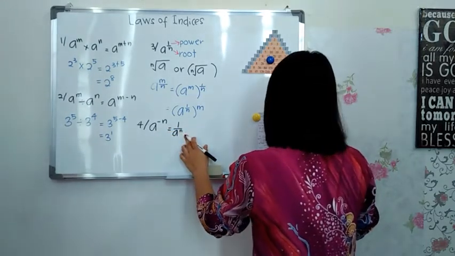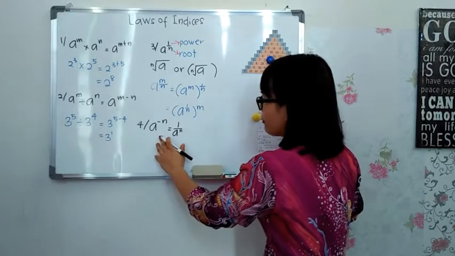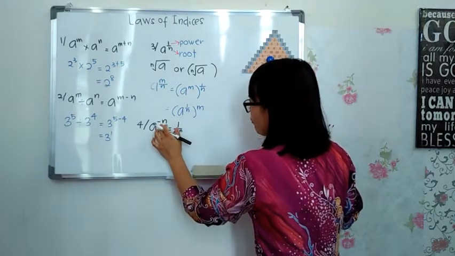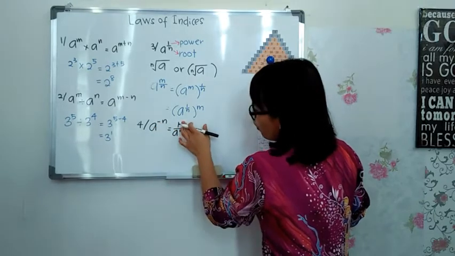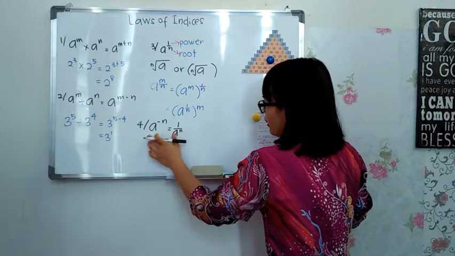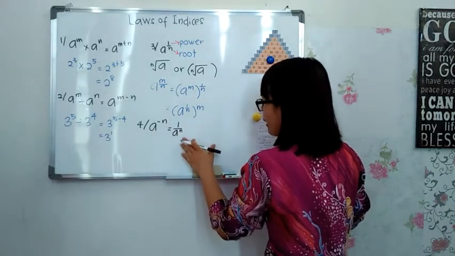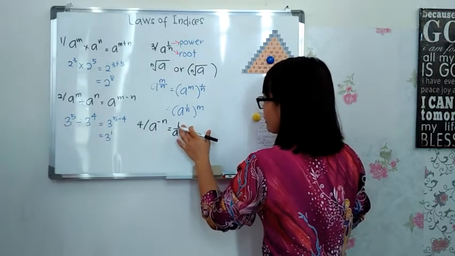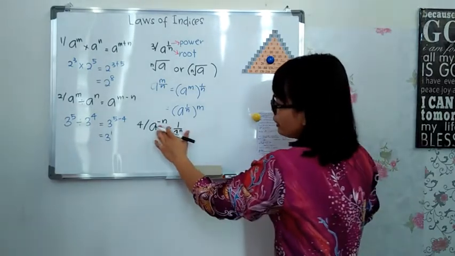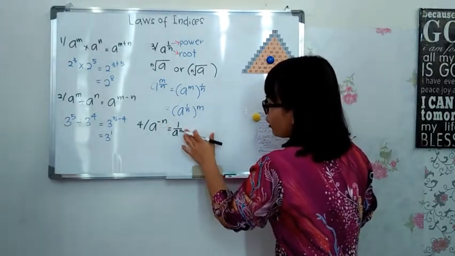So you must remember, if you see power of negative, it means 1 over a to the power of n. If you see negative, it means directly become 1 over.